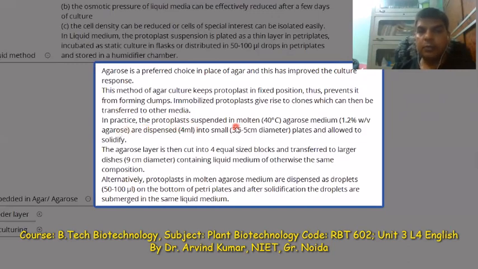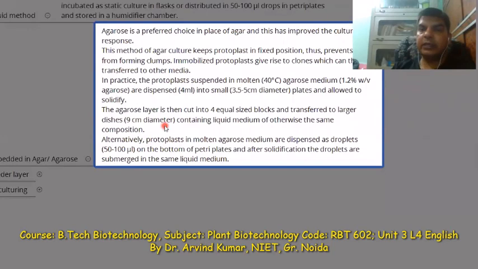In practice, the protoplasts suspended in agarose medium at less than 40 degrees centigrade, 1 to 2% weight by volume agarose, are dispensed 4 ml into small 3.5 to 5 centimeter diameter plates and allowed to solidify. So these are the technical details of the method.